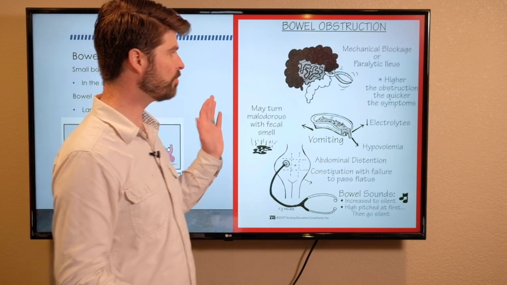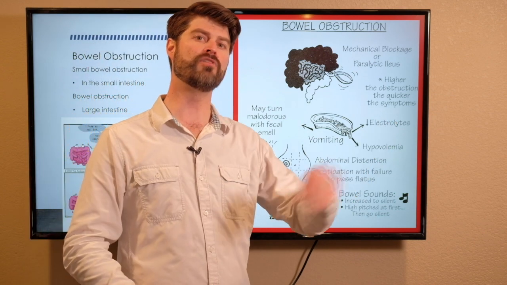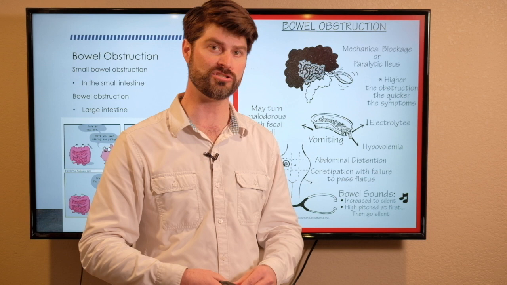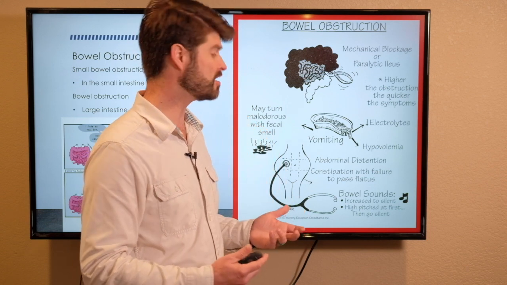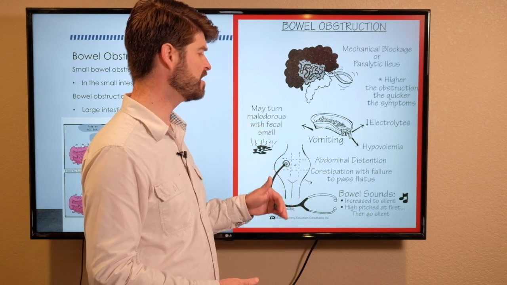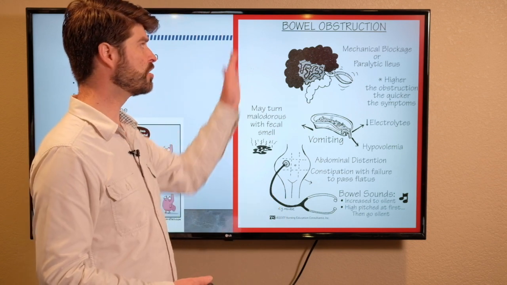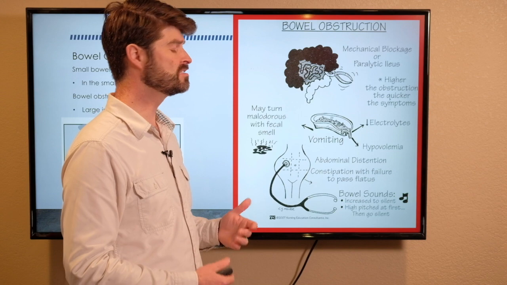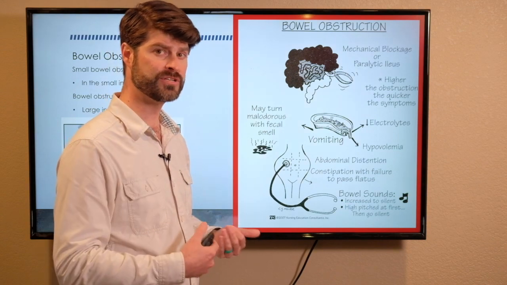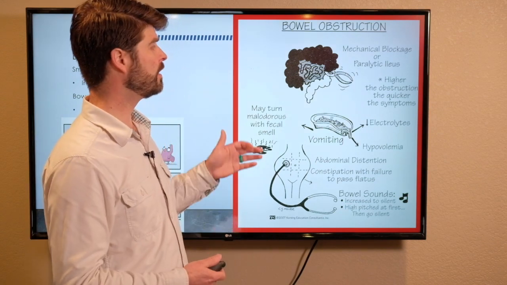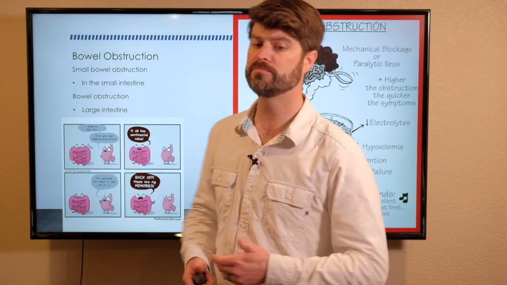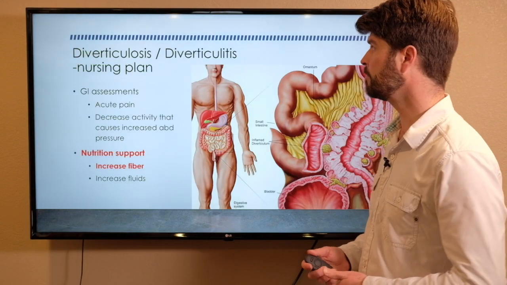Sometimes that's enough to help the small bowel obstruction move on and start passing through the rest of the GI tract. Sometimes it's not. And if not, then it's going to require a surgical intervention. But that is our closest serious problem associated with diverticulosis and diverticulitis that we want to look out for, those bowel obstructions that patients can develop.